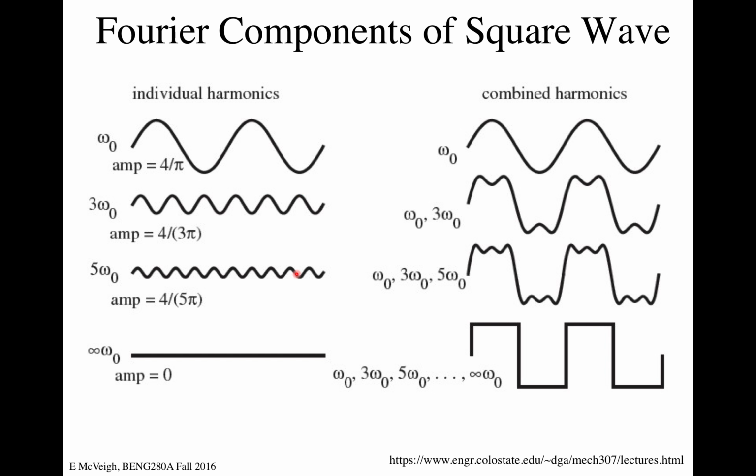And as this goes on, this is the discrete composition of this function. As this goes on, decaying away but going to higher and higher frequencies, you can essentially reconstruct this square wave using those Fourier coefficients, right?